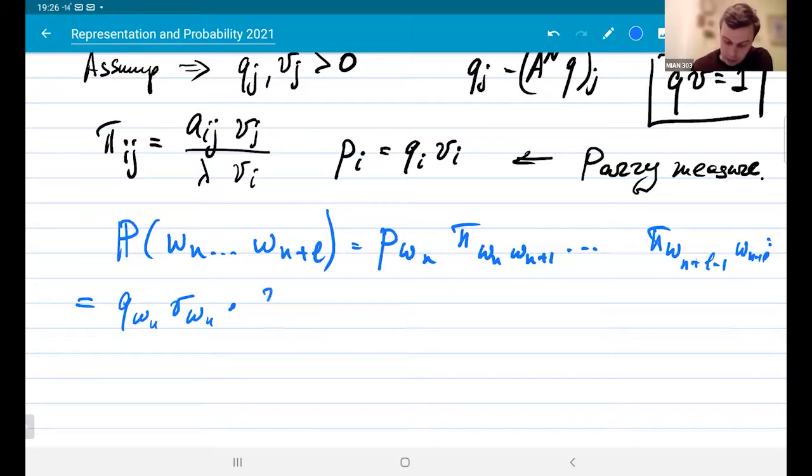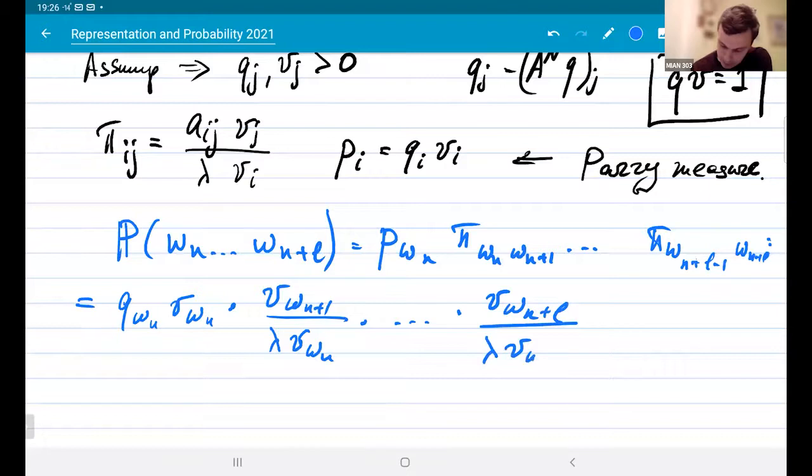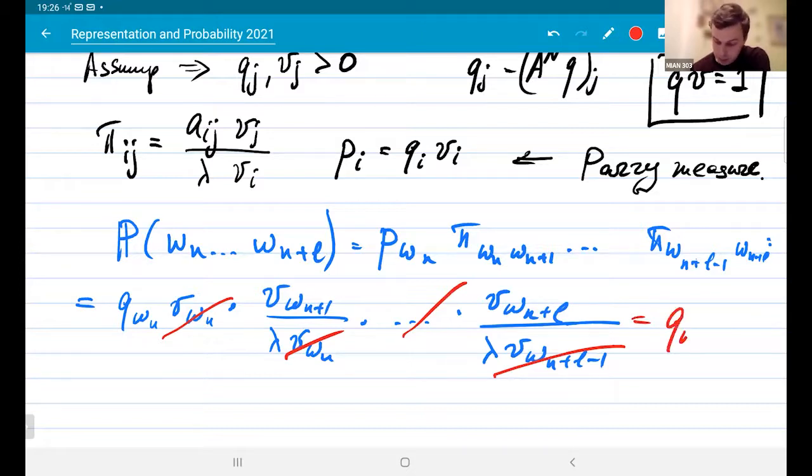So we have v omega n plus 1 divided by lambda v omega n. Then you see that everything cancels out, and finally you have just q omega n v omega n plus l divided by lambda to the l. That's it.